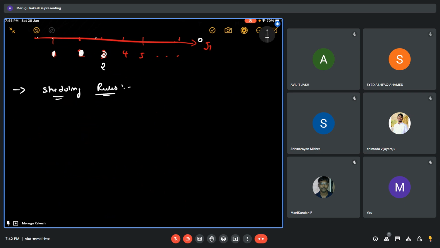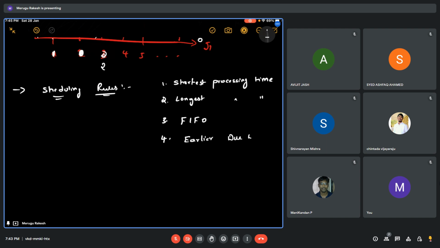Okay, these scheduling rules: one is shortest processing time. The other one is longest processing time. Then first in first out, earliest due date, random, and the sixth one is last in first out.